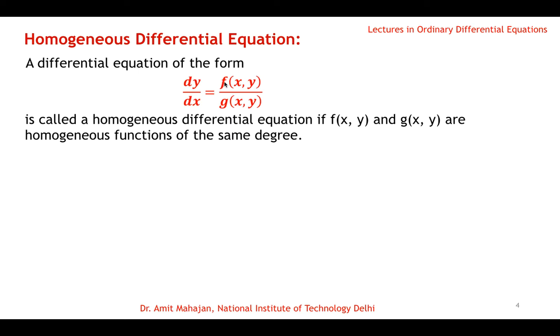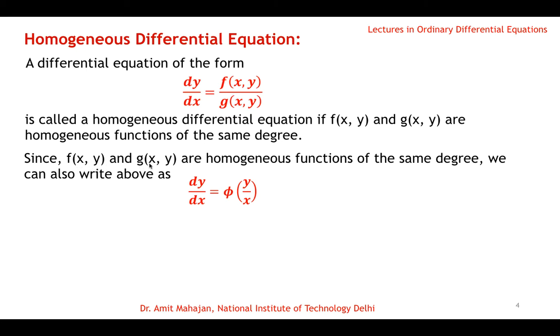If function f is a homogeneous function of degree 2, then g is also homogeneous of degree 2. If function f is homogeneous of degree 3, g is also homogeneous of degree 3. If they are functions of the same degree, then it is a homogeneous differential equation.